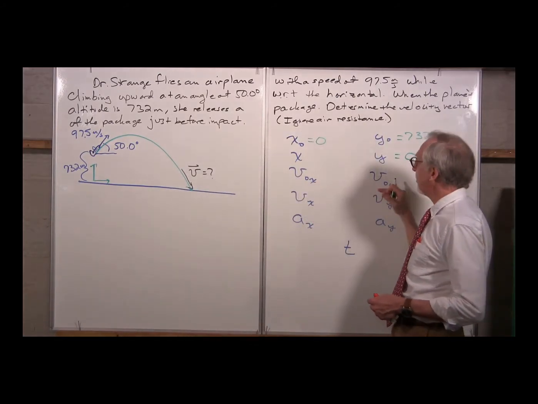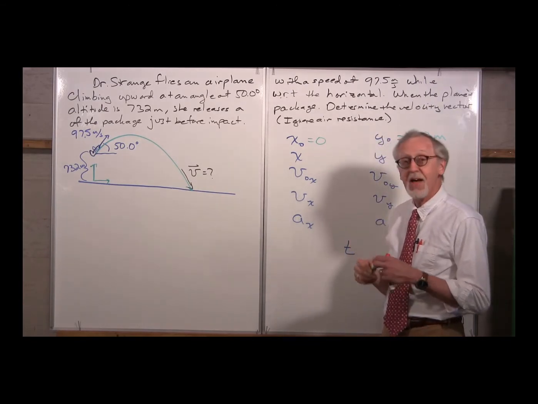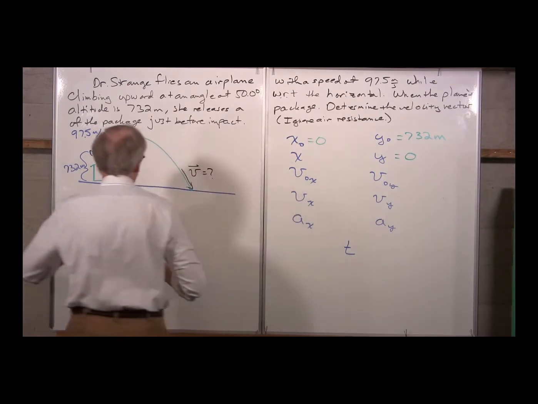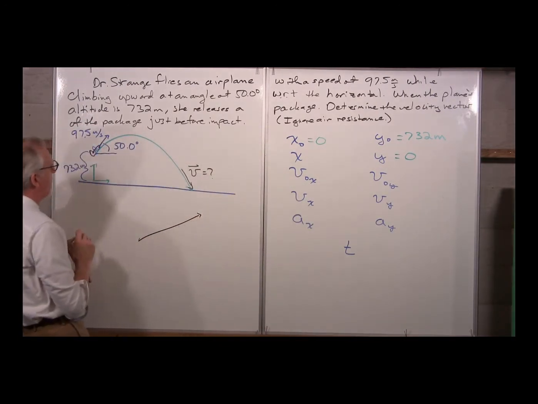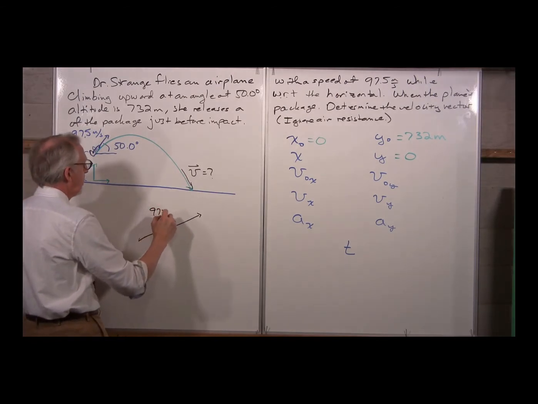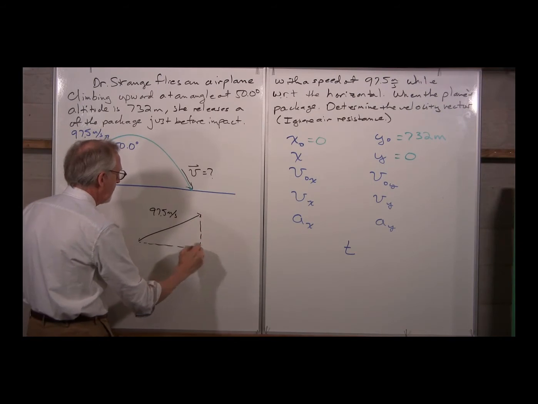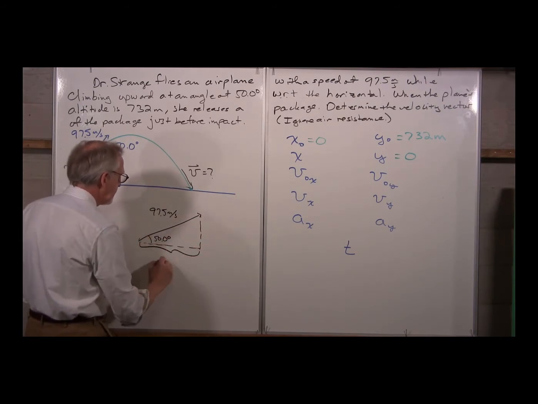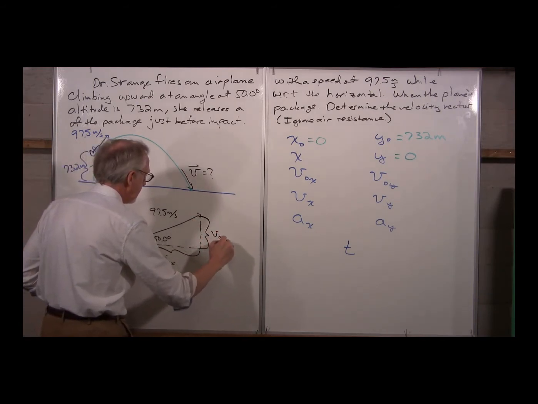V naught x, v naught y. So again, we need to find the components of our initial velocity. So what are those? Well, let's draw that out. We have our initial velocity with a magnitude of 97.5 meters per second at an angle of 50 degrees. V naught x will be this side. V naught y will be this side.